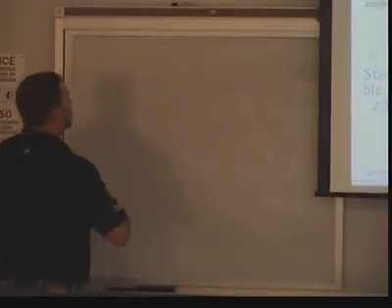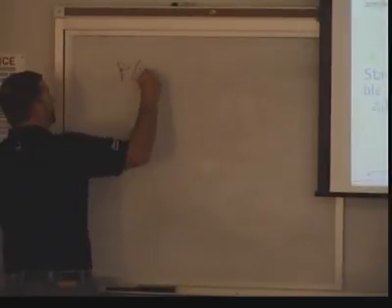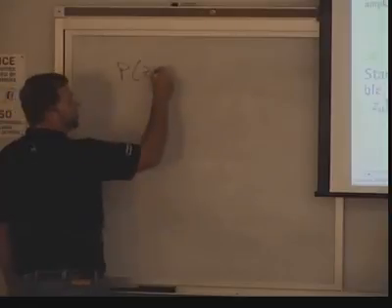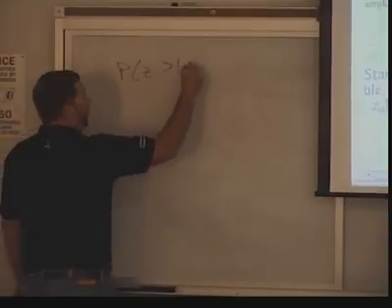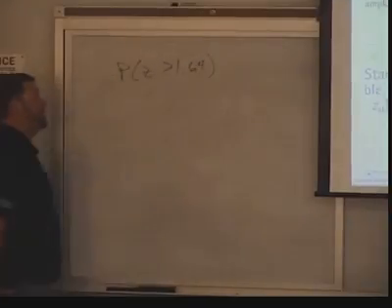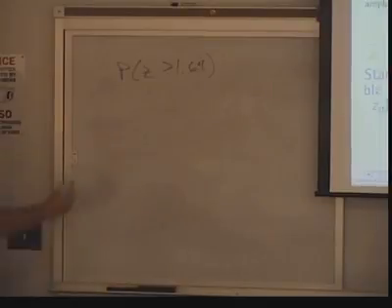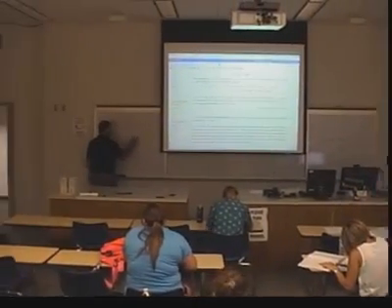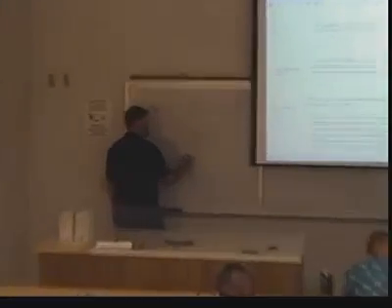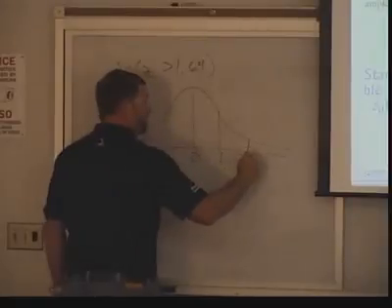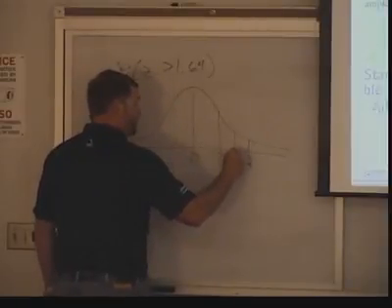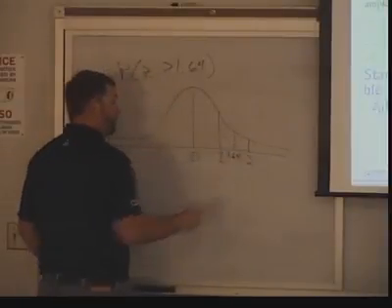So we want to know the probability that our standard random variable is greater than 1.64 standard deviations above the mean. Let's go ahead and draw it. So this is 0, here's 1, here's 2, so 1.64 is going to be about right there.